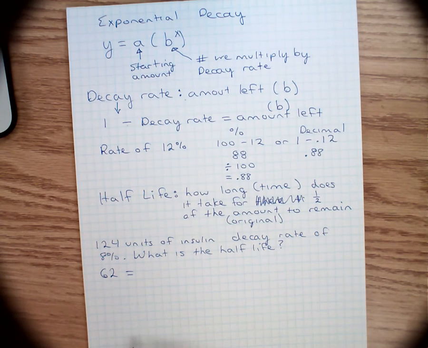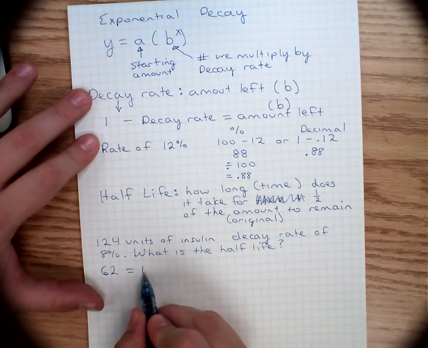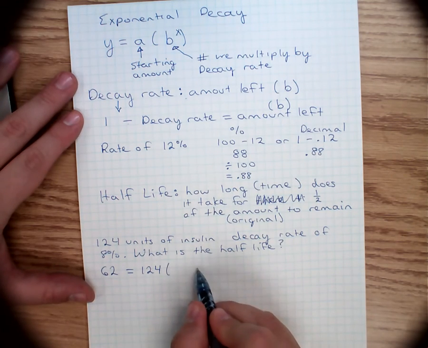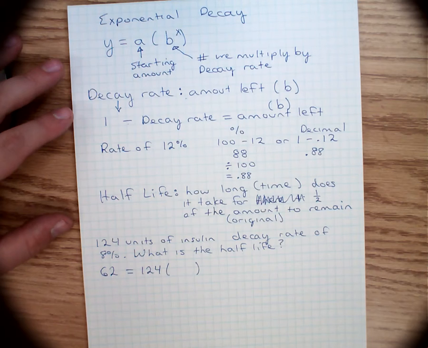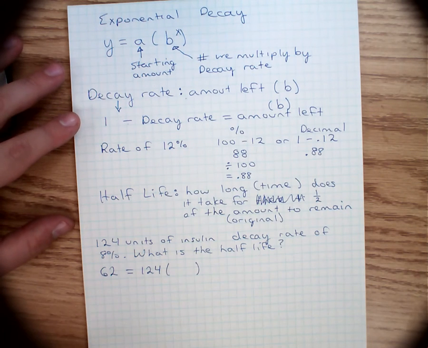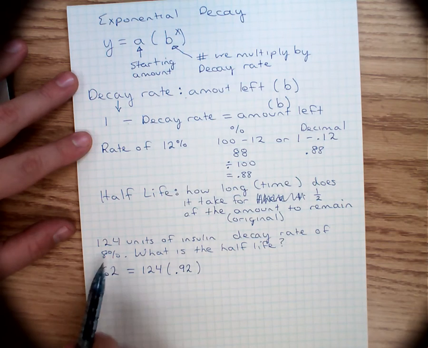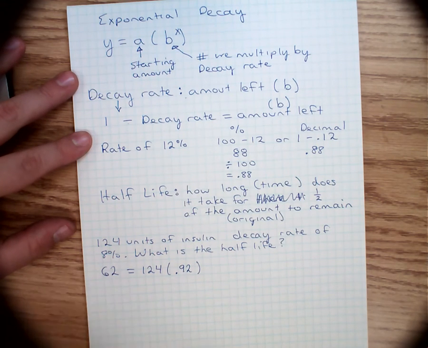Now, what's the amount we start with? If I write this equation, 124. And what is my amount left that I'm multiplying by? 0.92, because you subtract 1 minus 0.08.